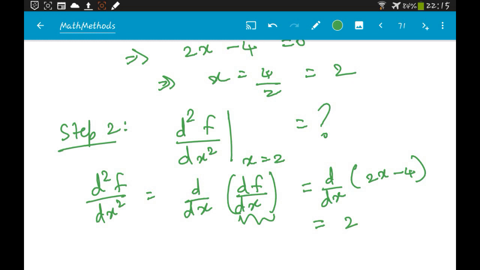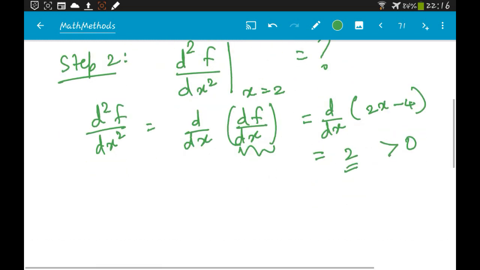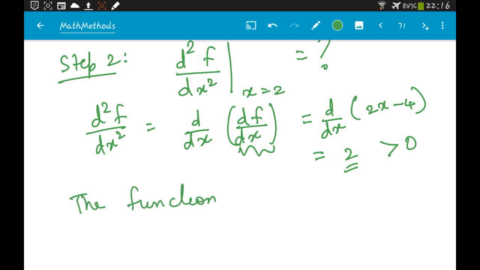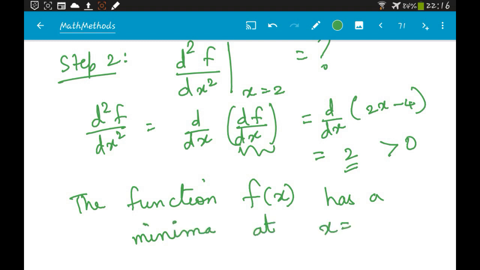So you are going to get 2, which means this is always going to be positive. So if this is positive at x equal to 2, then this is a minima. So the function f of x has a minima at x equal to 2. Okay, this is what you are going to get.